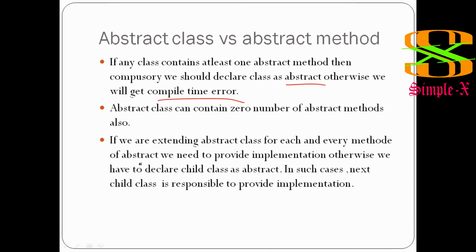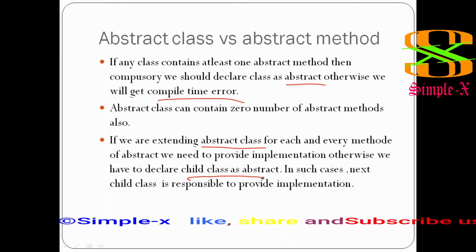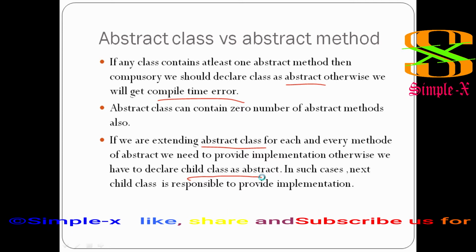If we want to extend an abstract class, the child class will implement it, right? If you want to extend the abstract class further, you can define the child class also as abstract. If you have defined that child class as abstract, the further child class will take the chance of implementing the abstract methods of the previous, that is the parent, class.